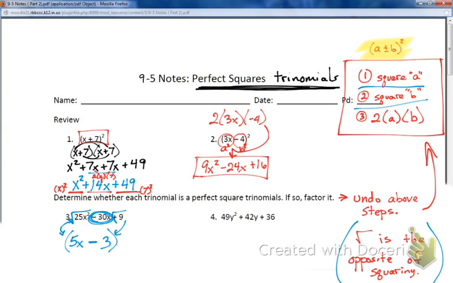So you're done, and what this is factored into is this polynomial, but it's this polynomial squared, meaning that there's 2 of those binomials. It's 5x minus 3 and another 5x minus 3. Or you can just write it as 5x minus 3 quantity squared.